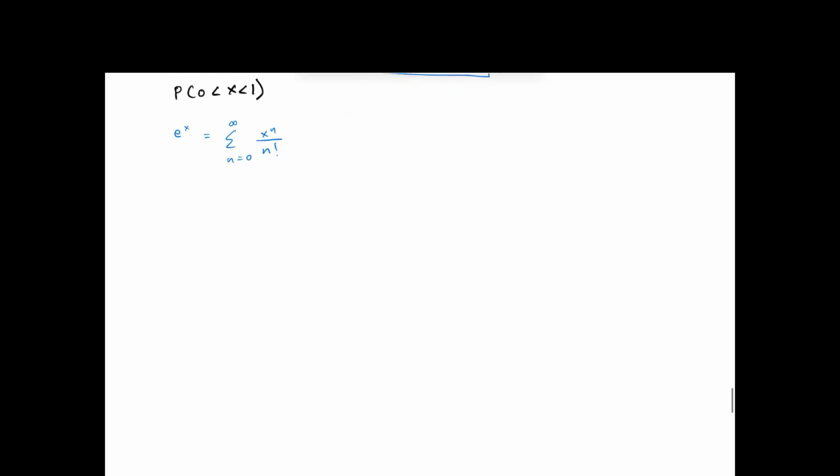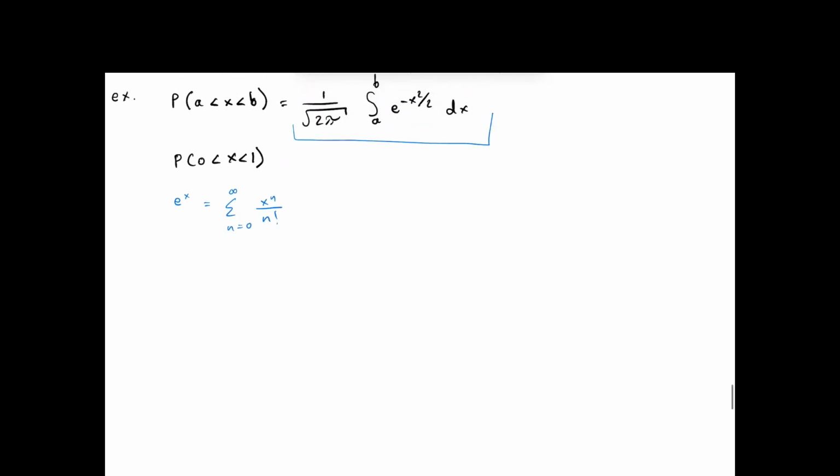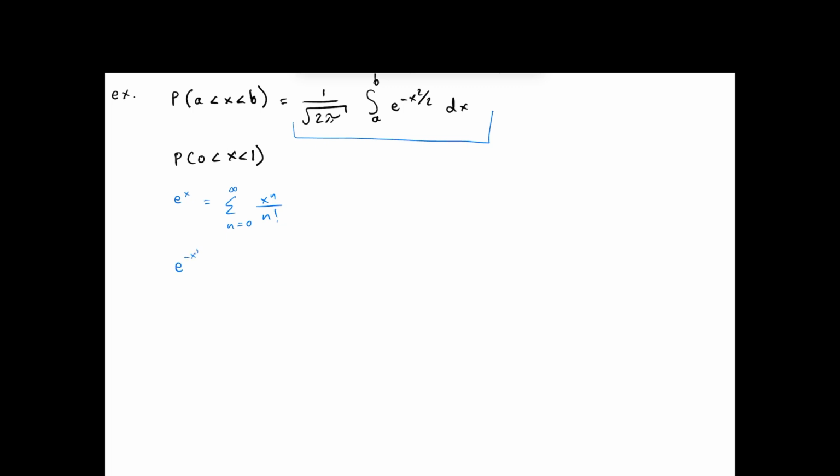And referring to the property where you can evaluate this series at some power of x, we can re-express e to the negative x squared over 2, like this, as the sum from n equals 0 to infinity of negative x squared over 2 to the n over n factorial.